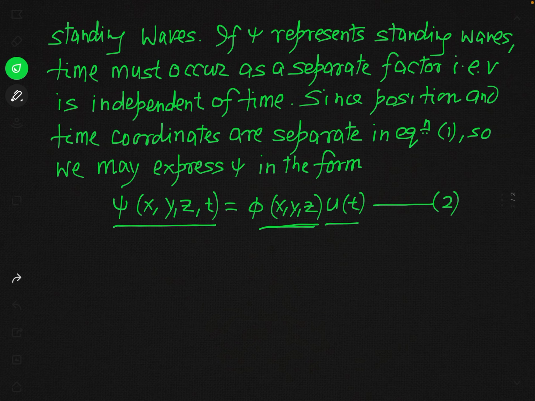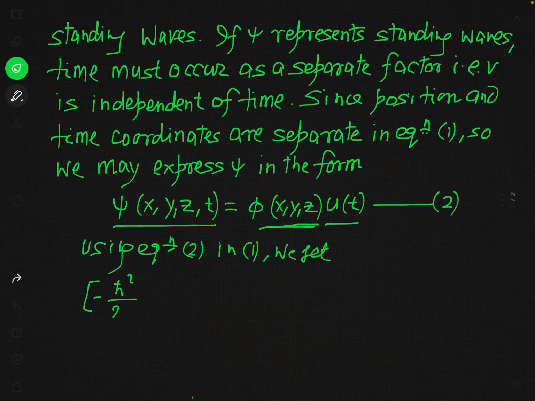Using equation 2 in 1, we get, as you can see, the first equation is minus h bar square over 2m del square plus V psi, and in place of psi now we will write phi of x, y, z times u of t.